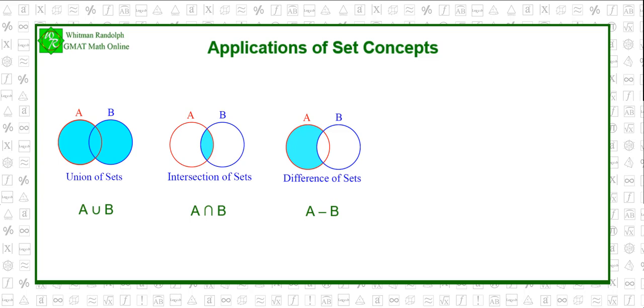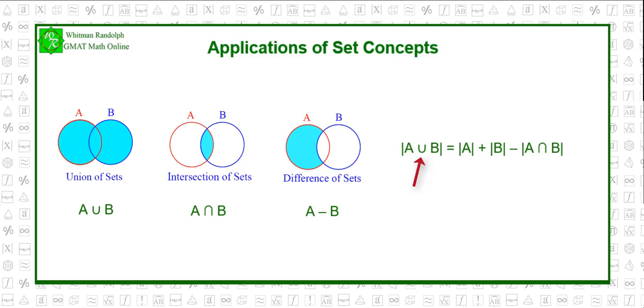Now, to solve the problem above, we need to know how many elements are in various sets. The number of elements in a set is called the cardinality of the set. To get the cardinalities of each of these sets, we use these formulas.